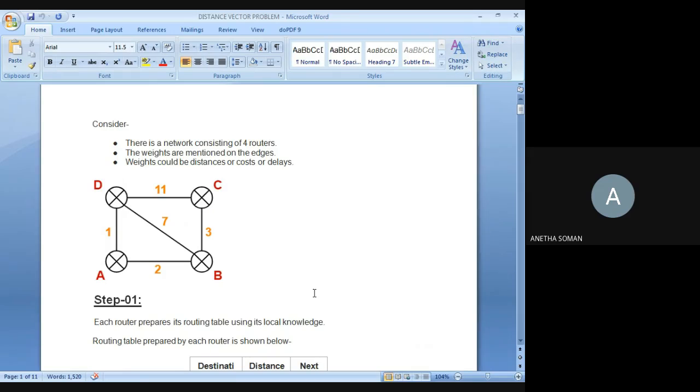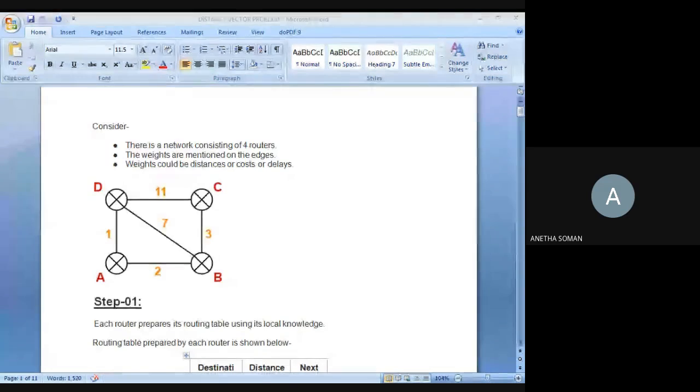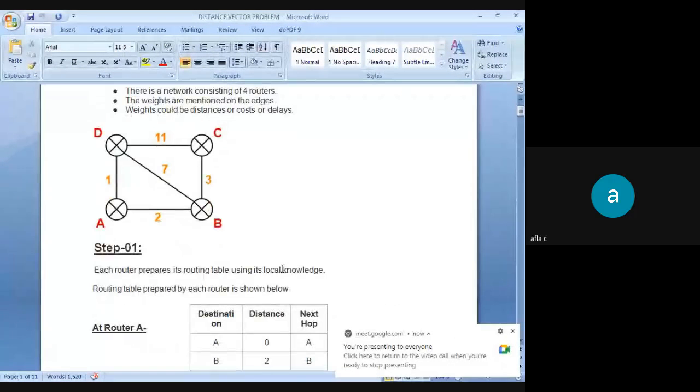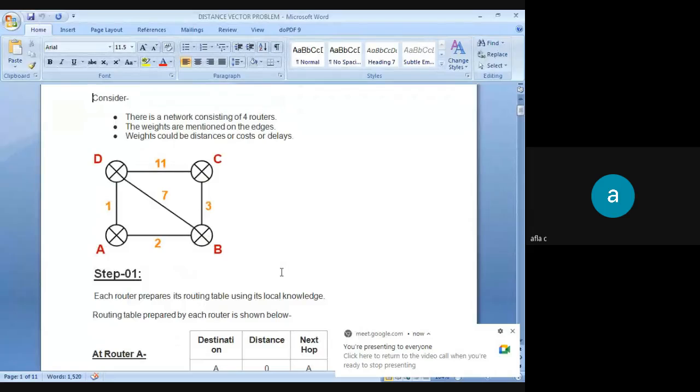Afla, finished writing? Which are the destinations here? A, B, and D. Now, what are the values in that routing table? With respect to A, the distance is 0, and the next hop is A itself.